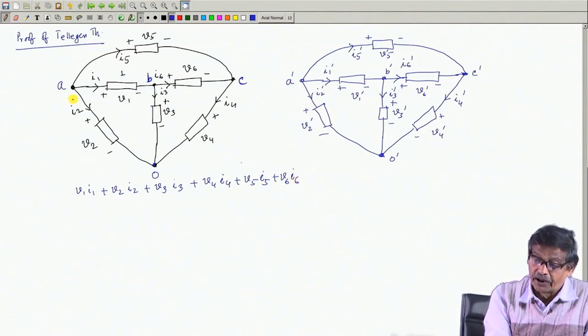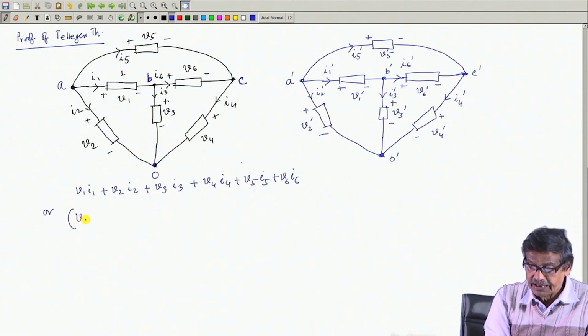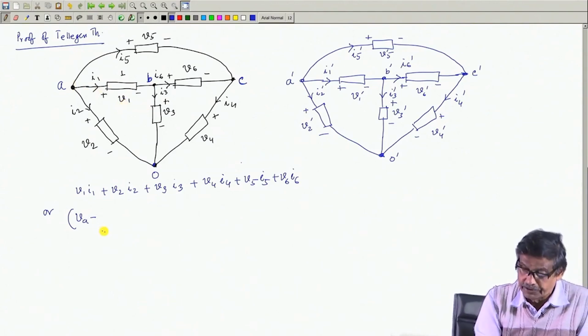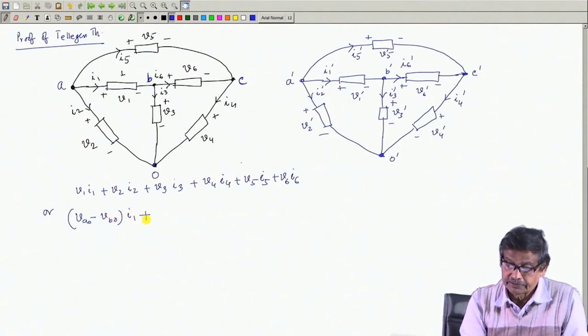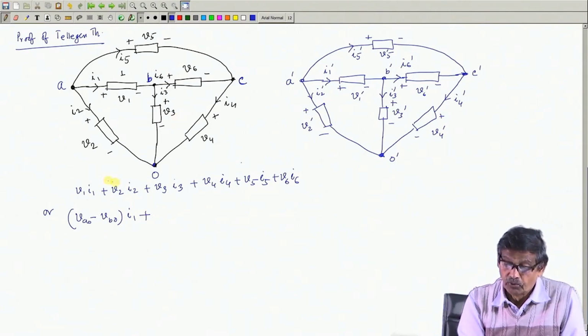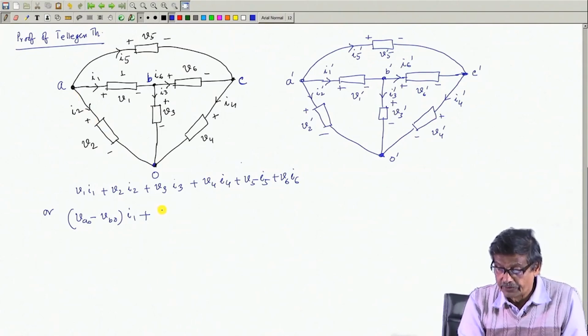Now, this V1 can be written as V_A0 minus V_B0, potential. This V1 is V_A0 minus V_B0, into I1. Plus V2, the voltage across element 2, is V_A0 itself, V_A0 minus V_00, that is 0.